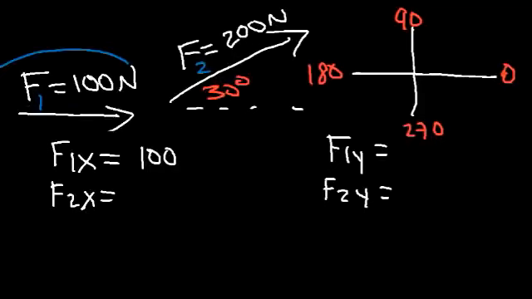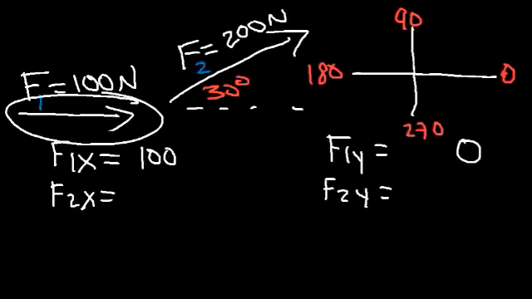Because this force is directed along the x-axis, it's completely Fx. There's no y component. F1x is F1 because it's purely horizontal. If you try to calculate F1y, it's going to be 100 sine 0. Sine 0 is 0, so you're going to get 0. The reason being is this vector is horizontal. There's no y component. It doesn't go up or down.